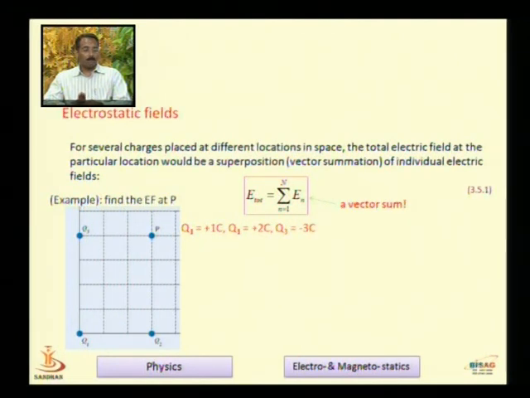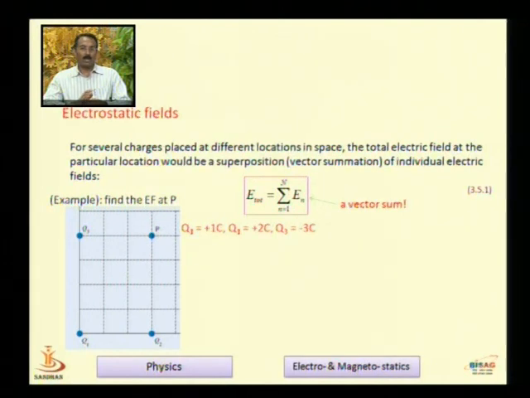Q1 is 1 coulomb, Q2 is 2 coulomb, and Q3 is minus 3 coulomb. You can compute the electric field separately at point P because of these charges.